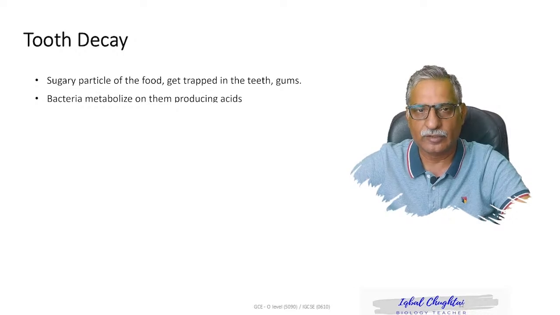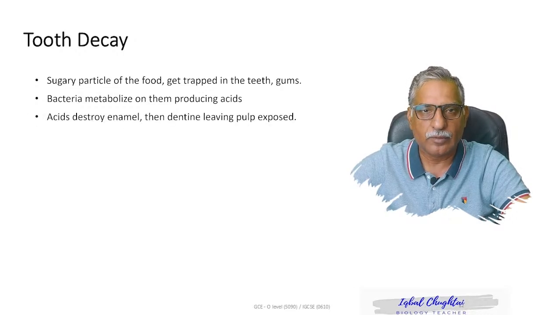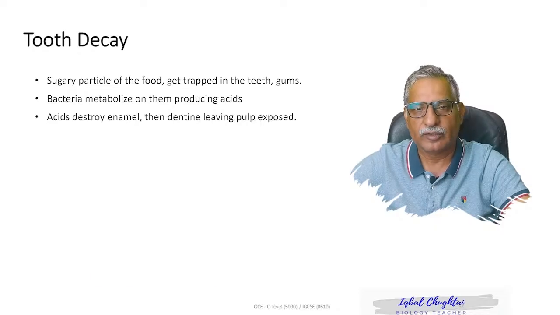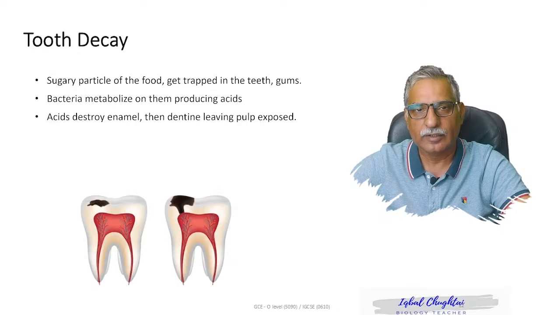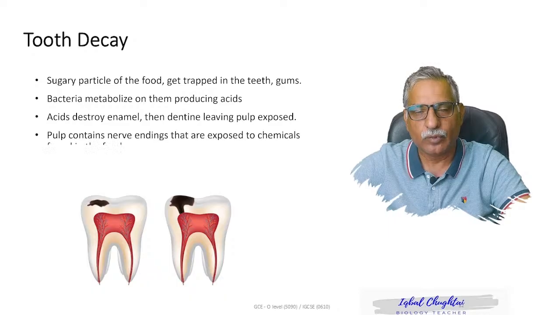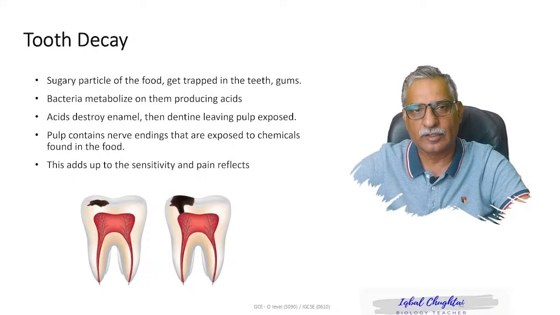These organic acids first destroy the enamel, then they destroy the dentine, and the pulp is exposed. And when the food particles approach the pulp, sensitivity in the form of pain is felt. Then while eating or drinking something, we may feel pain because the pulp is exposed and food molecules are interacting with the pulp.